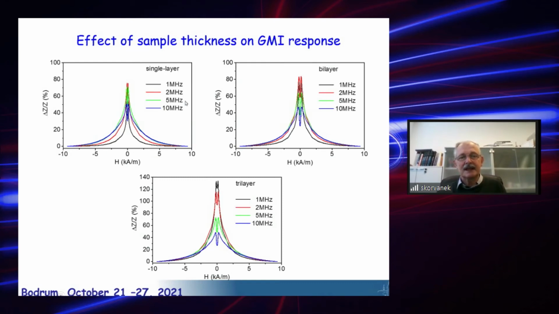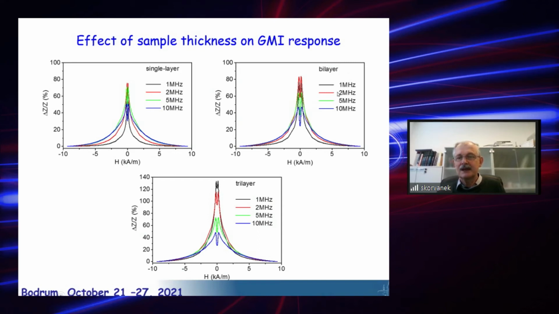And here we see the effect of different thickness on GMI. Here we see that the GMI effect slightly increased with thickness of ribbon. But what is interesting is that the maximum of this GMI response is observed at different frequencies. Here we can see it's somewhere between 2 and 5 megahertz.